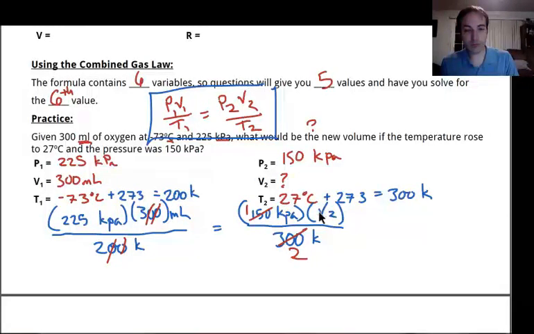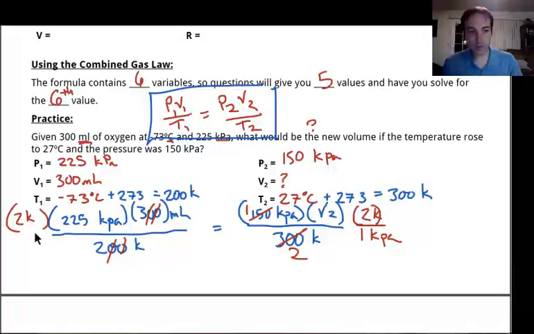V2 is being divided by 2, so to get it by itself, I'm going to multiply this side by 2 Kelvin over 1 kPa, because I have 1 kilopascal on top and 2 Kelvin on the bottom. I'm just multiplying by the reciprocal, essentially, and I'm going to do the same thing over here, so 2 Kelvin over 1 kPa.